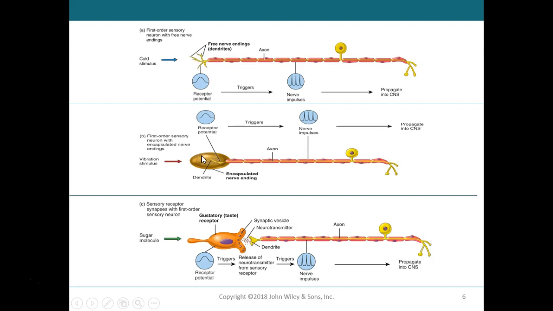Here you see the encapsulated dendrite, so it's covered with a little capsule, and then the specialized single cell, the separate cell, such as the taste buds, that then, of course, is going to synapse with a sensory neuron to bring that information in.